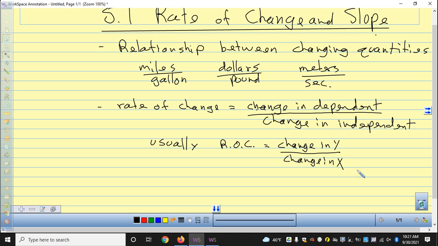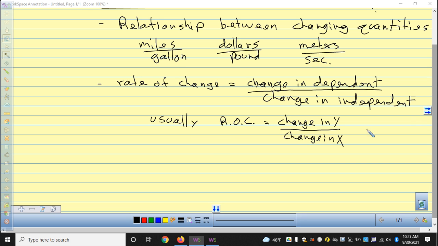Does this look familiar at all? Change in y divided by the change in x. What does it look like? Where else have we looked at something where it's the y over the x? Yes? Slope. We do the y over the x to find the slope. Rate of change and slope are the same thing.